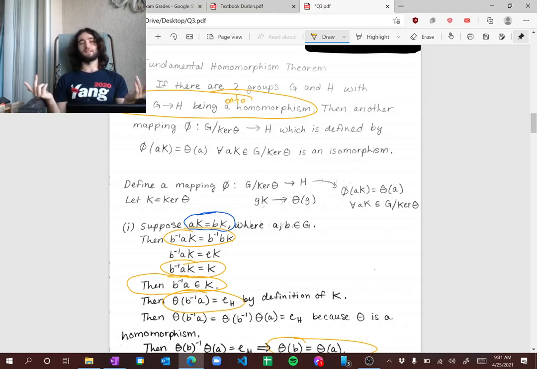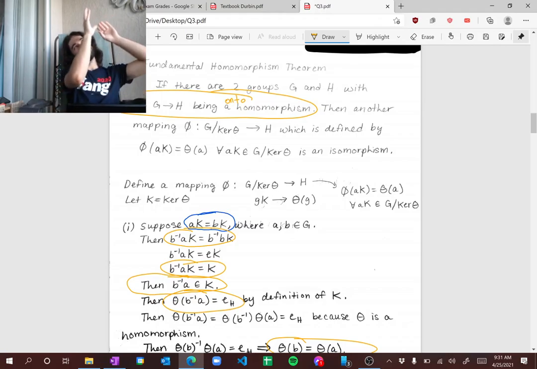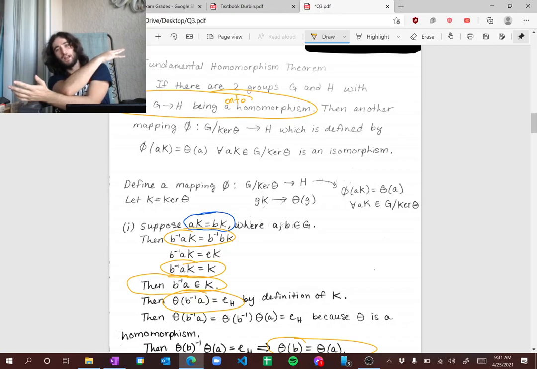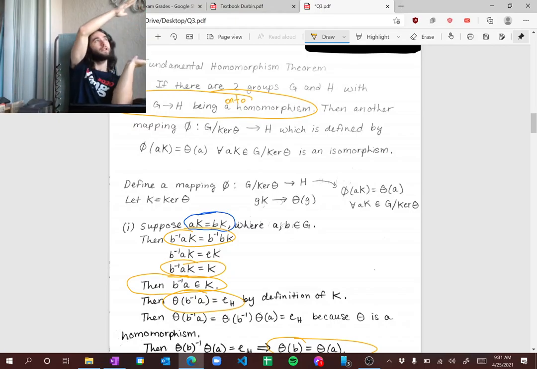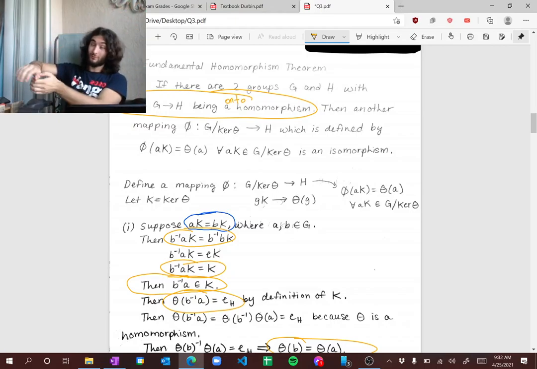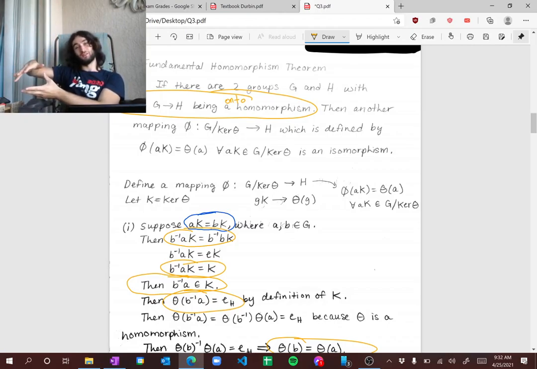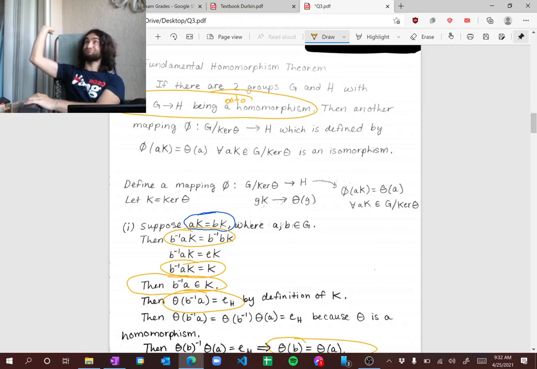And that should make sense, because if you have G and G is getting mapped onto H, then everything in H kind of came from G. And so the structure of H should have something to do with the structure of G, and that's what the theorem is elaborating on. But let's say that instead, what if G maps into H, but there's a whole lot more to H than what G gets sent to, right? Well, then who knows what is going on there.